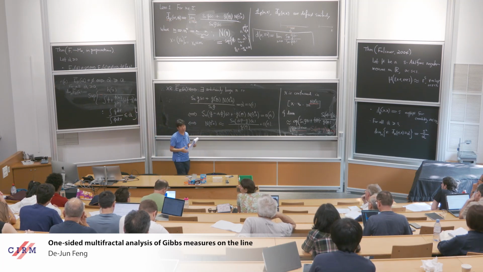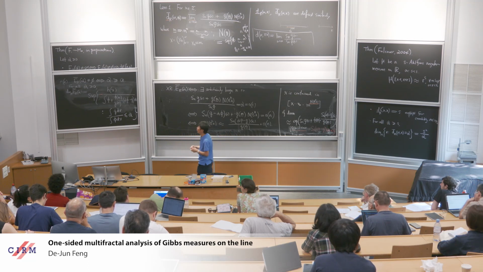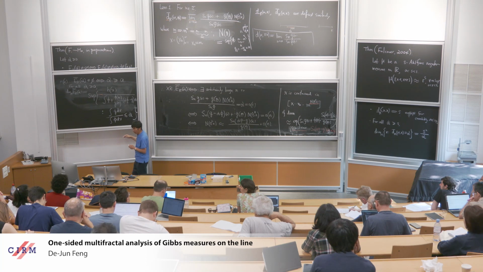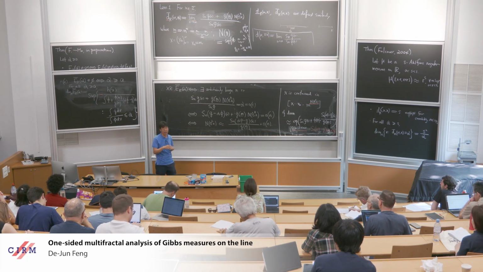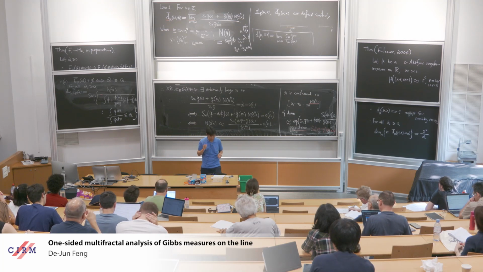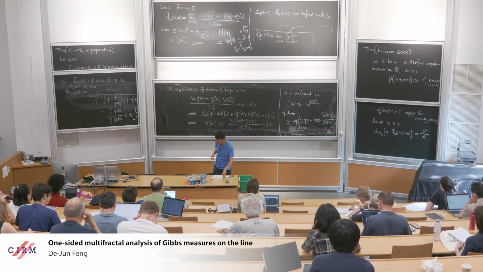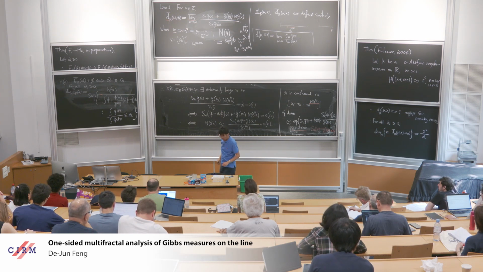This is just using some dynamical formalism. So this is for the upper bound. For the lower bound, we need to use the method of concatenation, and also Moran constructions, using a similar method to what I used with De-Jun Feng and Junwu in our paper. Okay, so that's some rough idea of this case.